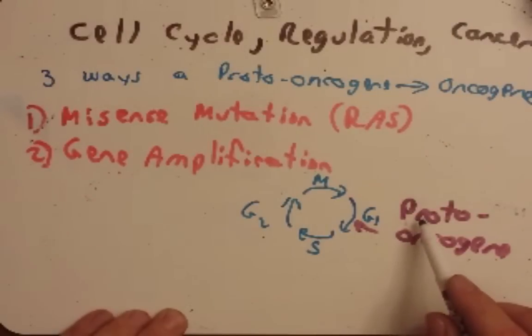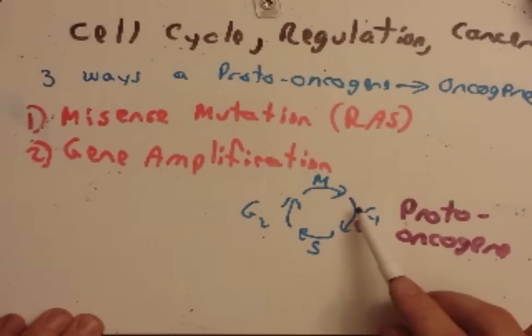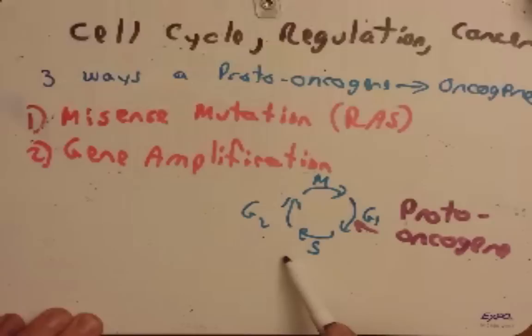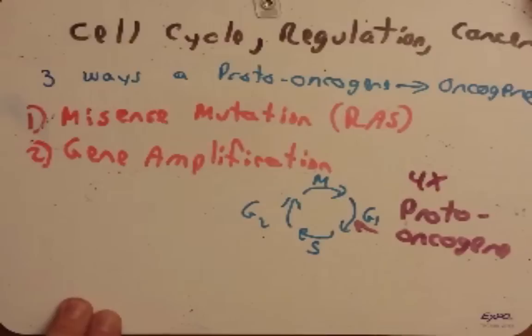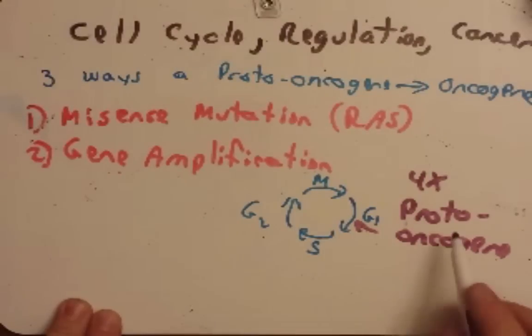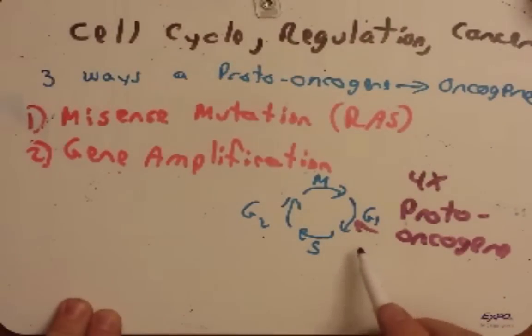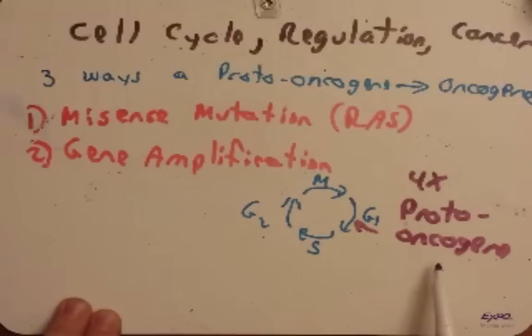It's able to keep the amount of this proto-oncogene in check so that the cell cycle doesn't move forward until the brakes are released, until the tumor suppressor genes have created the situation where the cell cycle is ready to move forward. But if you say have 4 times the amount of proto-oncogenes because of gene amplification, by creating more of that gene in the cell, now you can overload the system. Now the cell is forced to move forward even though it's not ready, because you have made more proto-oncogenes than the cell is used to having. And so it can't combat it.